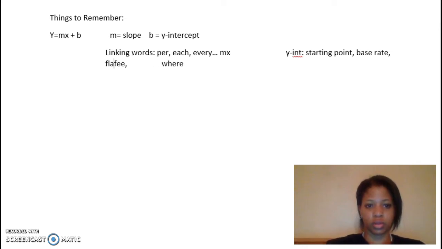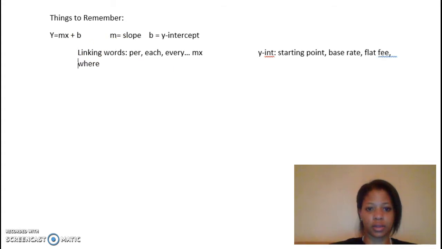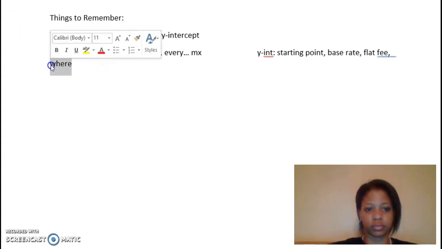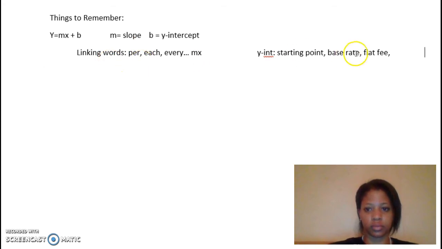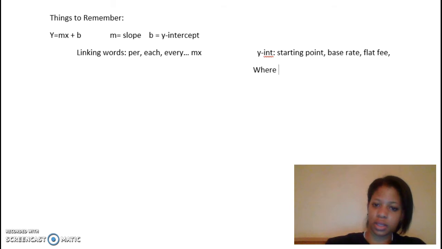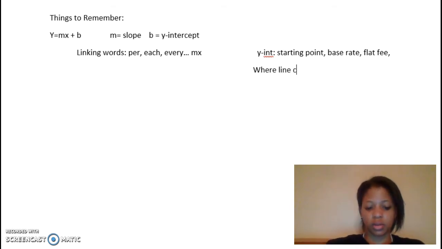That's where our line crosses our y-axis. And so it's easiest to get our equations into this form because we know what everything means and where everything is.